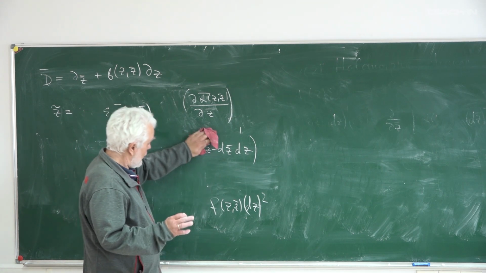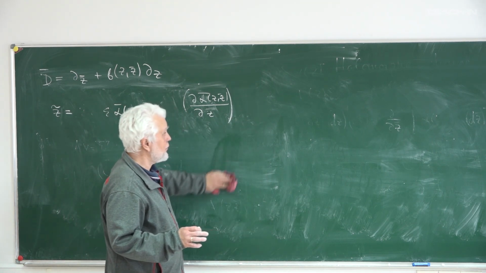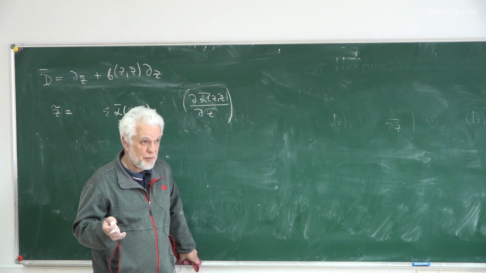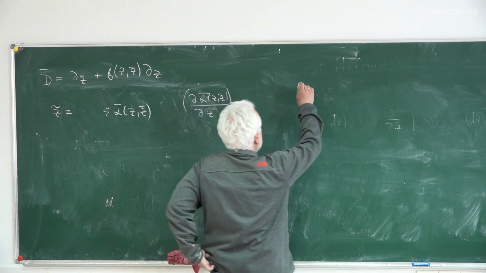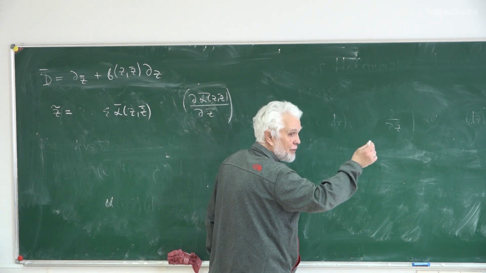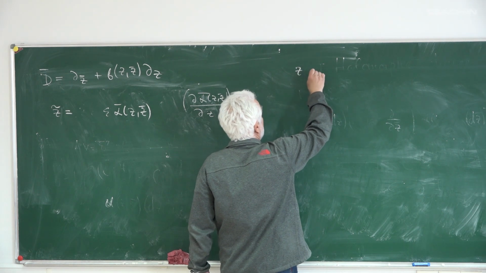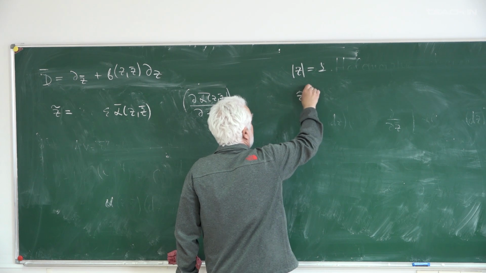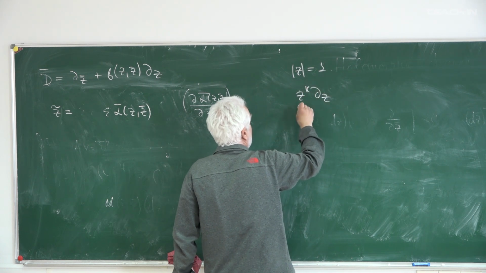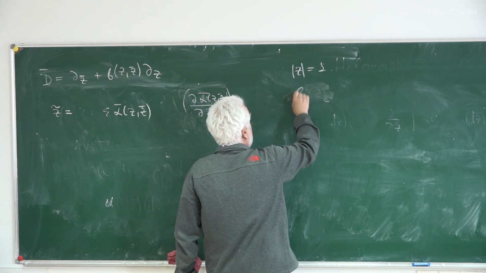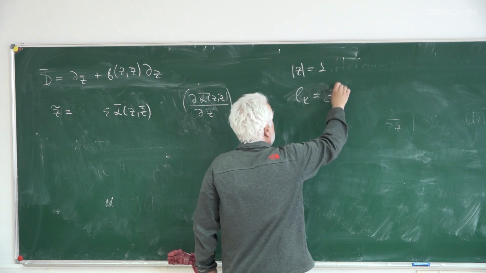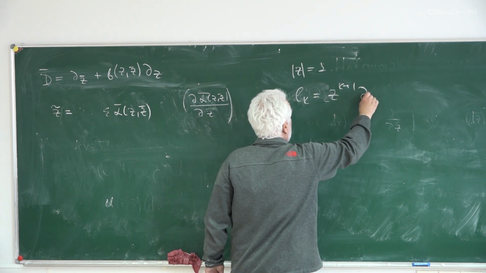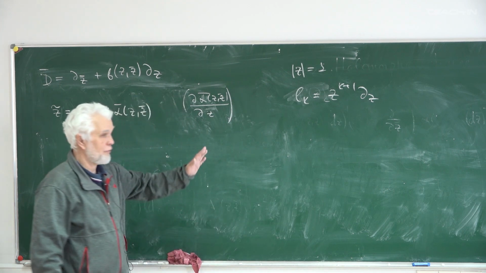It's an algebra generated by vector fields on the circle. We have the unit circle in the complex plane. We have vector fields L_k. This is the algebra of vector fields.